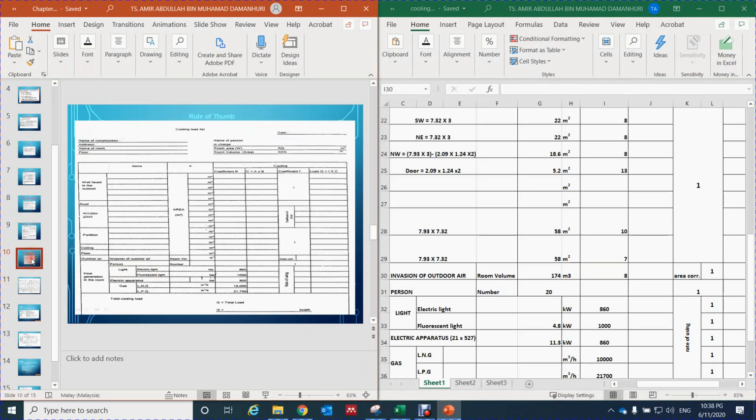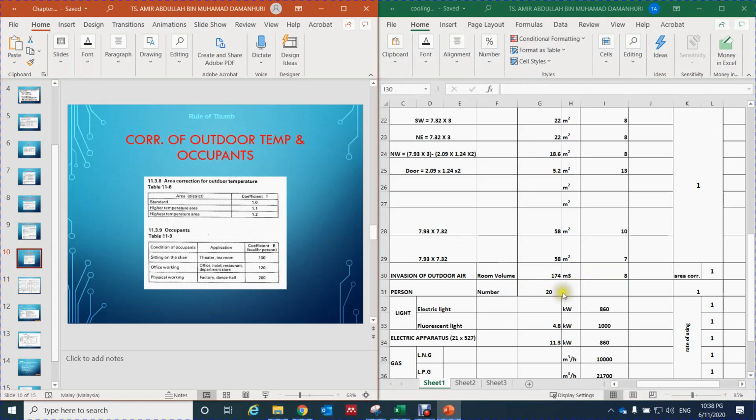So the coefficient here we have to put, this is a laboratory.